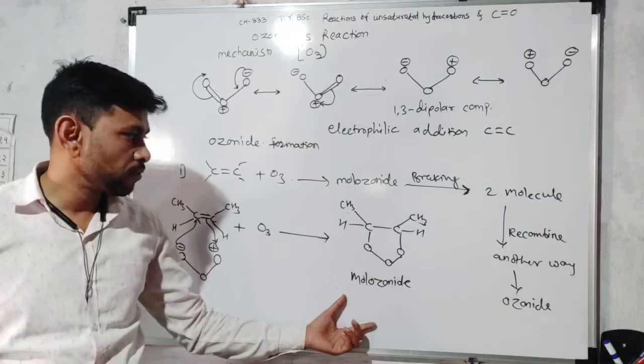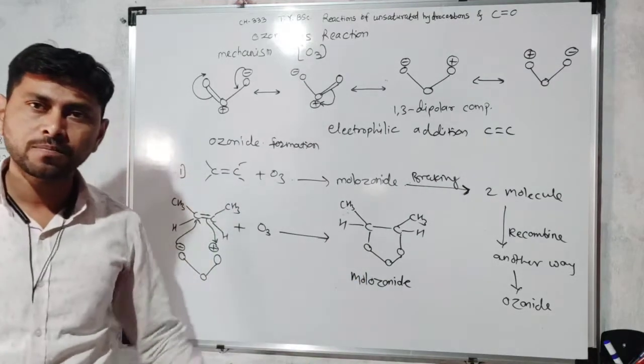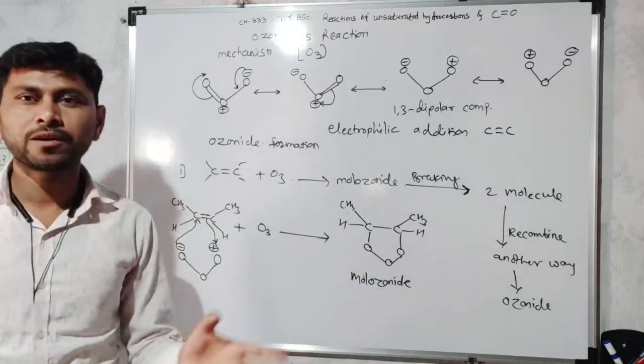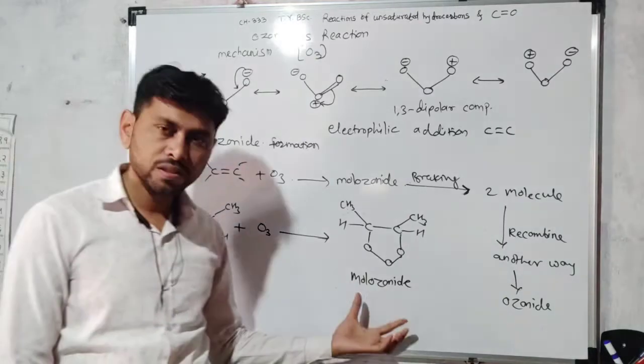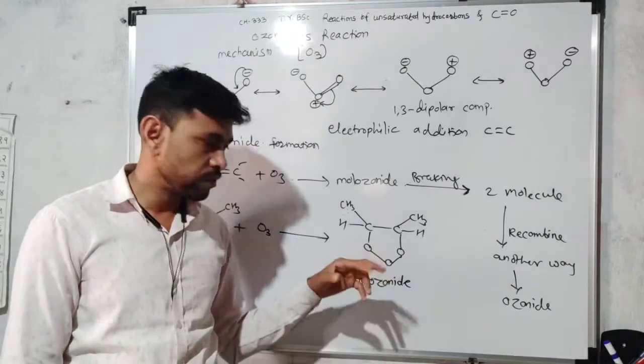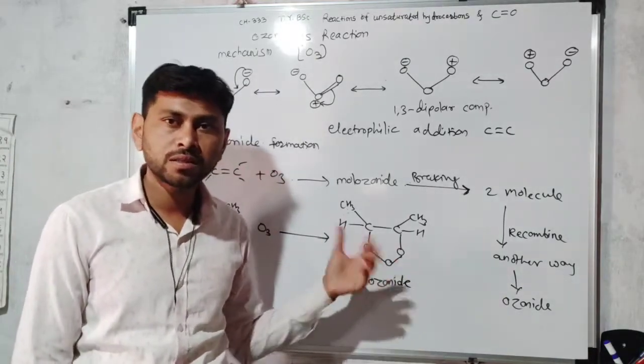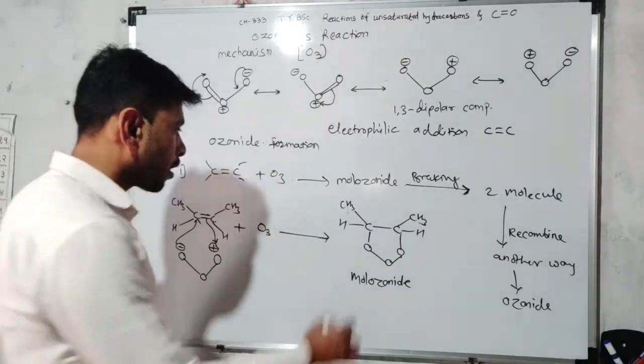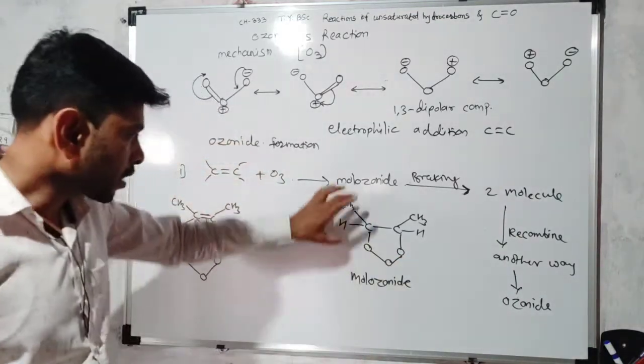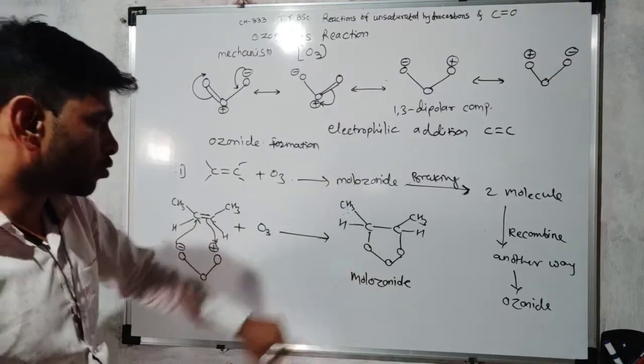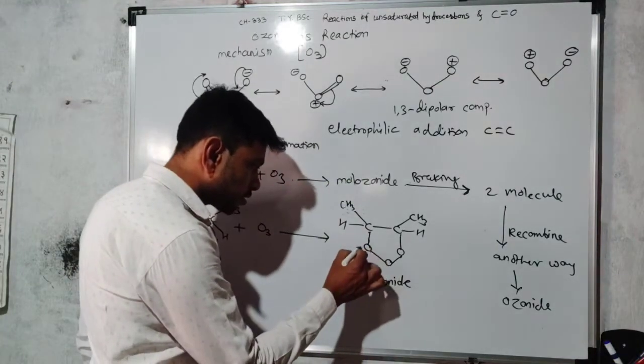Now this molozonide is a very unstable structure. Molozonide cannot be separated. Within a fraction of a second, this structure changes to ozonide. How does this structure change?